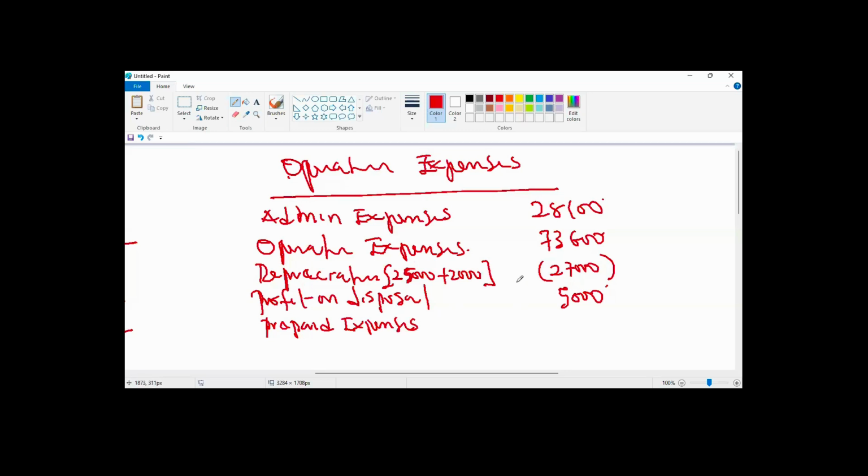Outflow of 5,000 in the question, so in indirect it will be an inflow of 5,000. That's all.